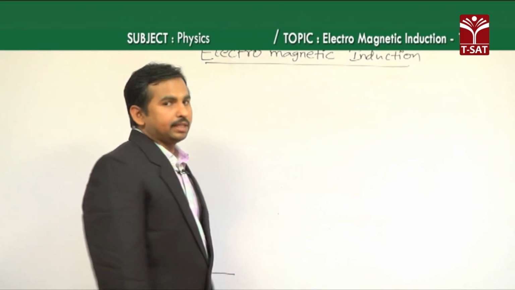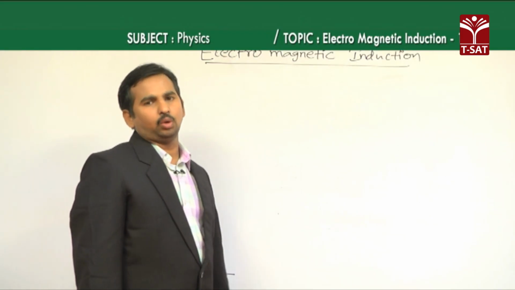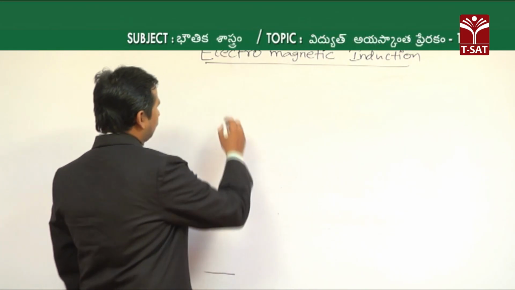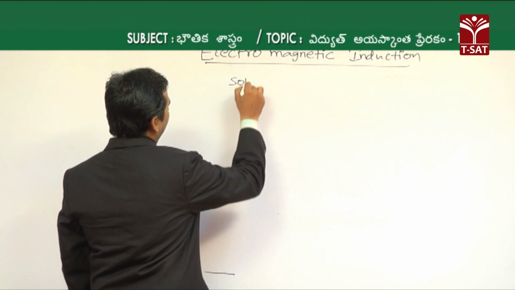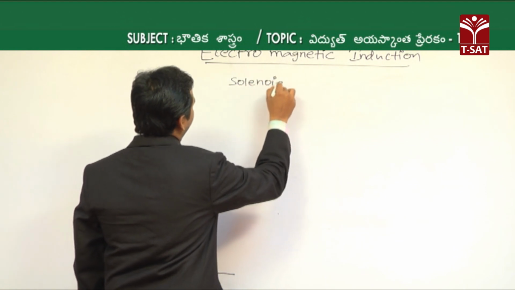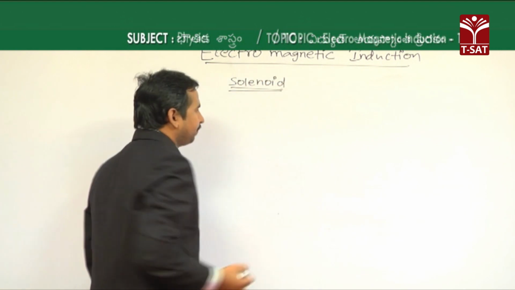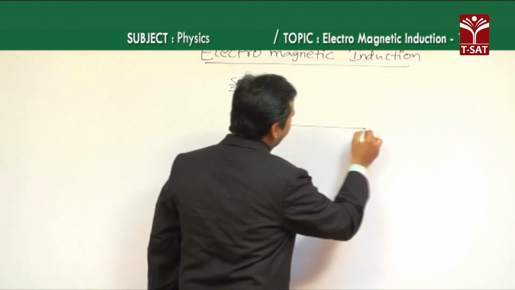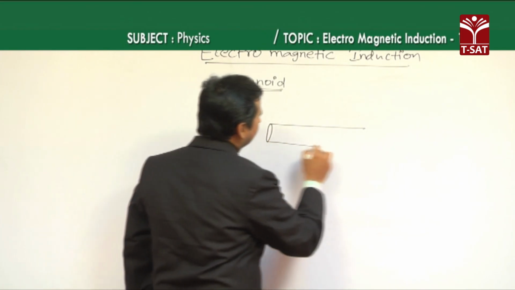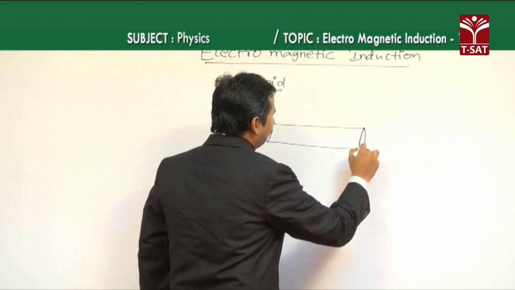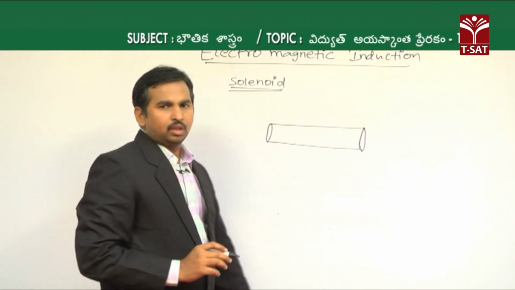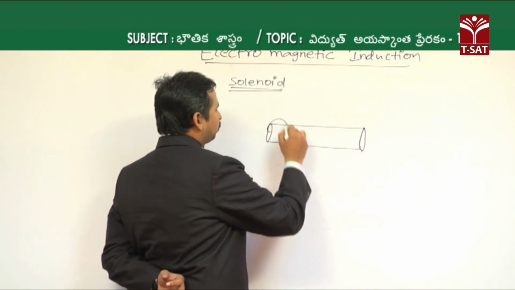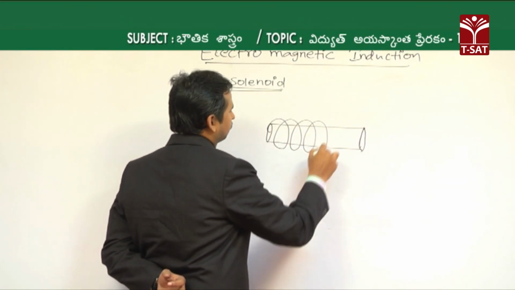So now we have seen a straight conductor and a circular coil. Now we take another one, called a solenoid, which is a strong, powerful electromagnet. A solenoid is made by taking an insulating material like plastic or wood, a cylindrical insulated core, and winding a copper wire around it like this.